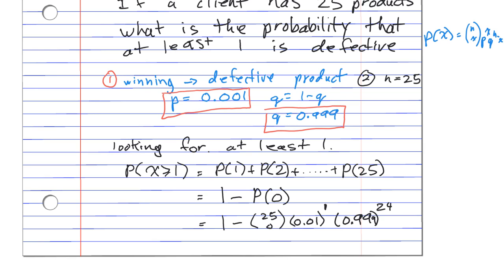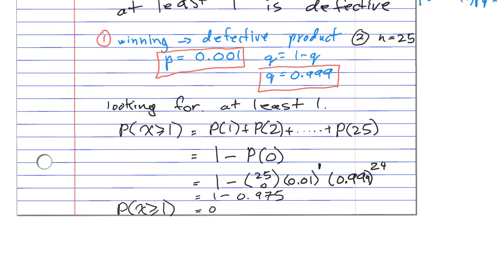Punch that in your calculator and you get the following answer. So 1 minus 0.975, which gives us our final answer of P of x being greater than or equal to 1 being this, 0.025.